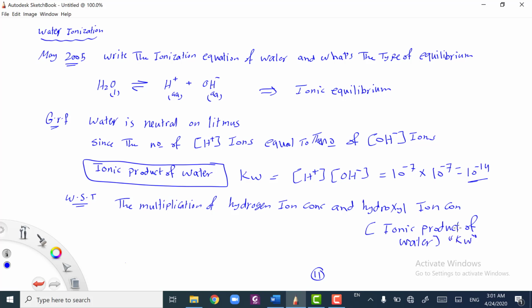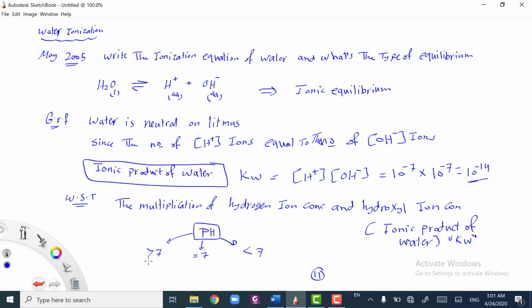Okay, now we are going to talk about the pH, or the concentration of the hydrogen ion in the aqueous solutions. As in the preparatory stage, we said that the pH may be less than 7, may be equal to 7, may be greater than 7.